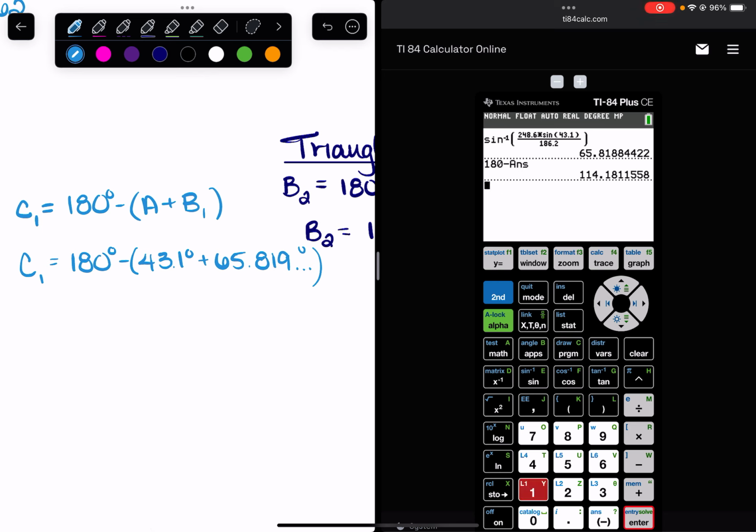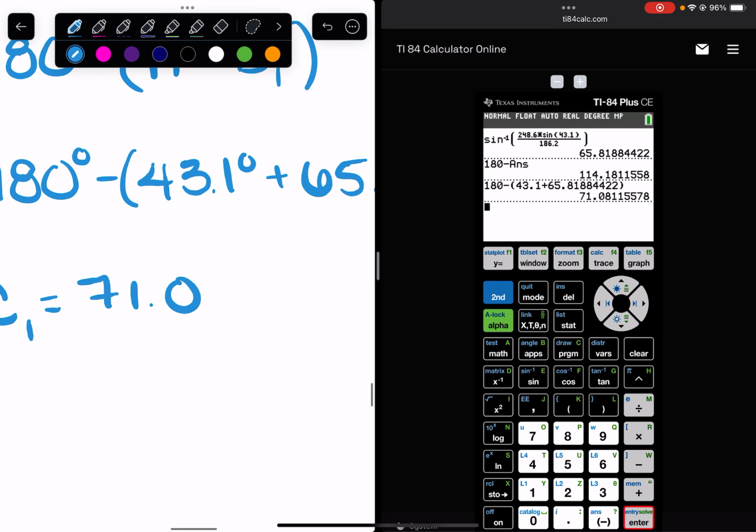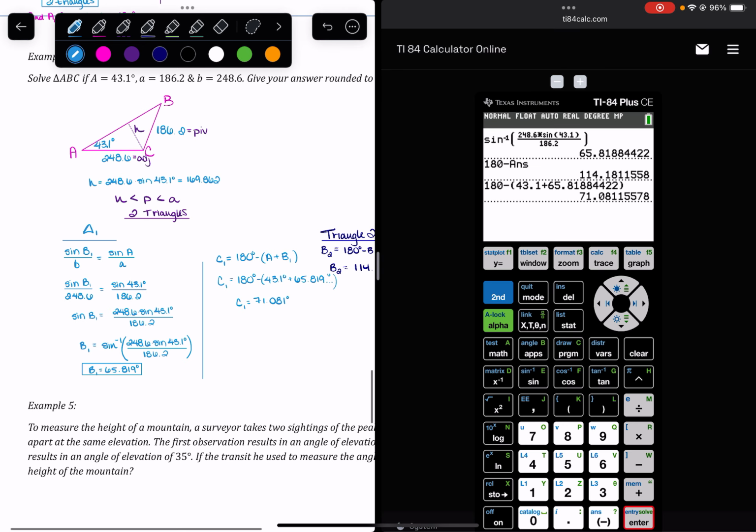So I'm going to do 180 minus the sum of 43.1 plus, and then I'm going to go up and get this number, which is going to be enough decimals that it's not going to have a rounding error. So our angle C is 71.081 degrees. All right, so I've got side B1, I've got angle C1. Now we need side C.